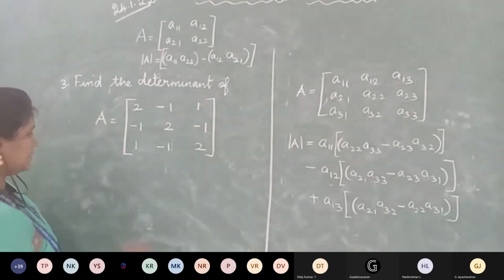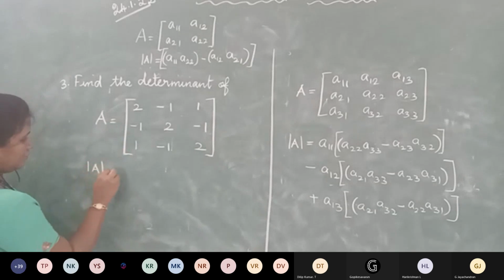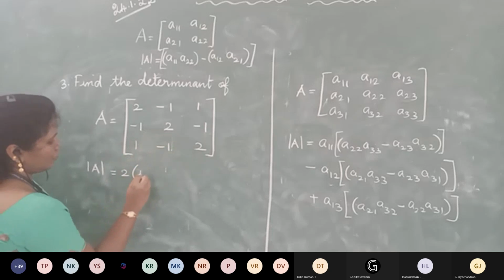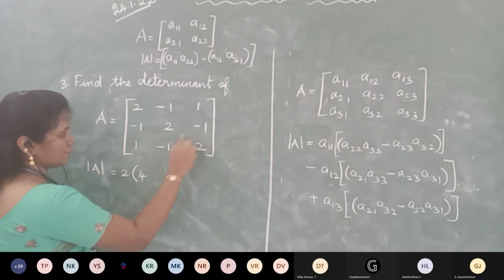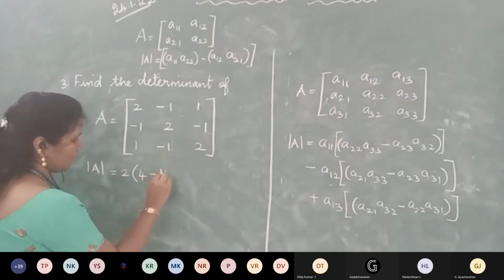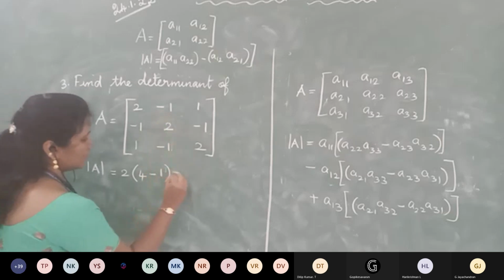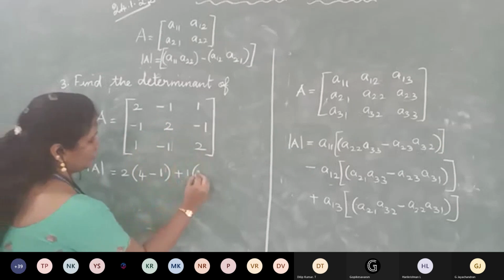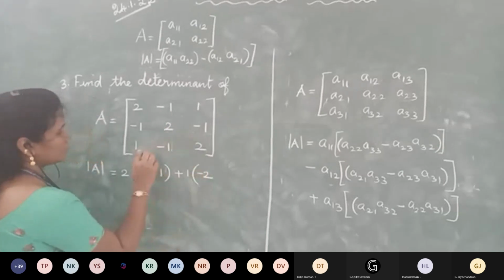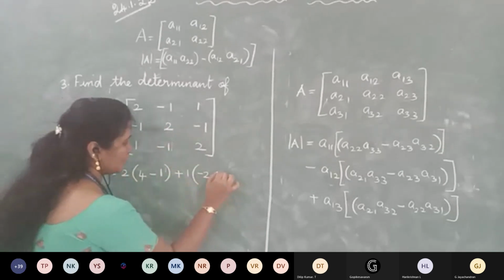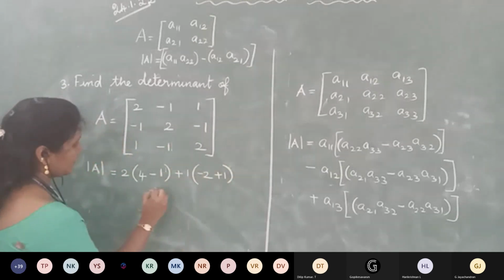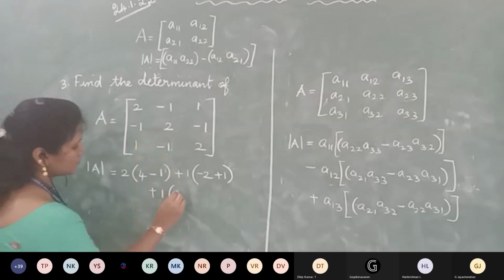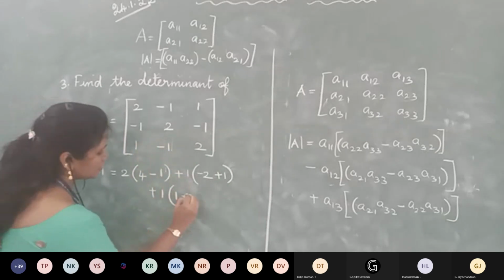You're going to find out your determinant of A. So it will be 2 into 4 minus 1, then minus into minus plus, minus 1 into 2 minus 1, and plus 1 into 1 minus 2.